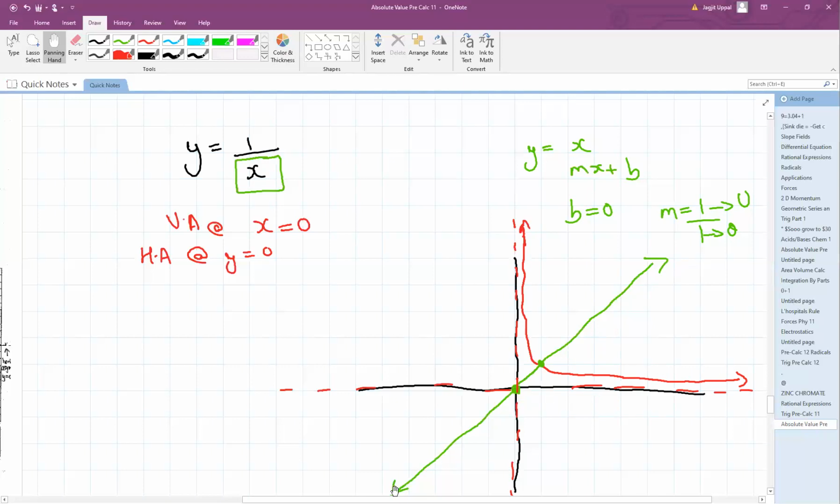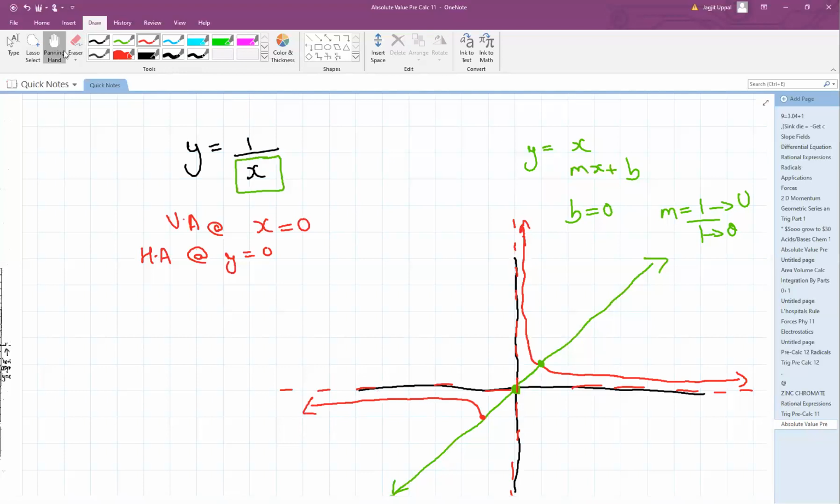Now we'll talk about this guy right here. Sean, what's happening to the y values right here? They're becoming really large negative values, like minus 100, minus 200, minus 1,000. What's the reciprocal of a really large value going to be? Really small. Exactly. But they're going to stay negative, so they're going to be below the x-axis like that.